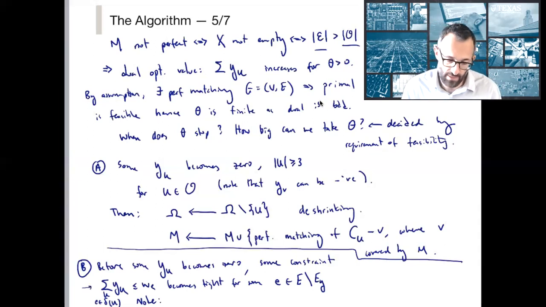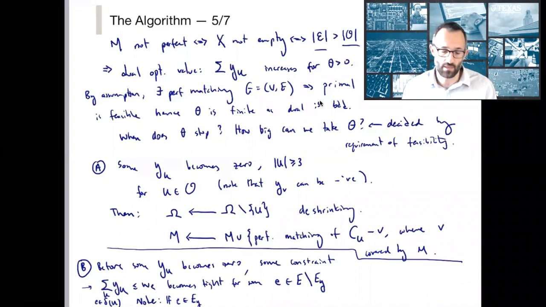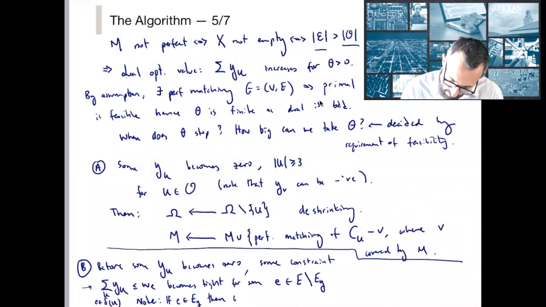And you can see that that's not the case, that it can't happen. So if E is already tight, in other words, it's already in EY, then in fact the constraint is not changed.